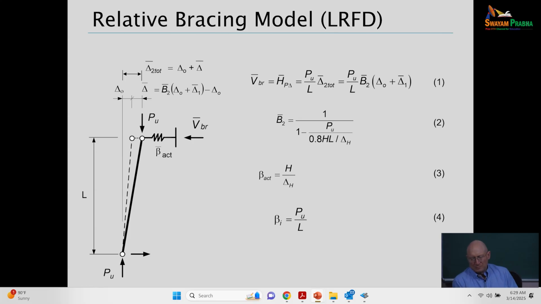Now, if we look at equation 2, and if beta actual H over delta H was equal to PU over L, actually, if the beta bar actual was equal to PU over L is the way I should say it, so then we have a 0.8 H over delta H. Okay, if that's equal to PU over L, what happens?